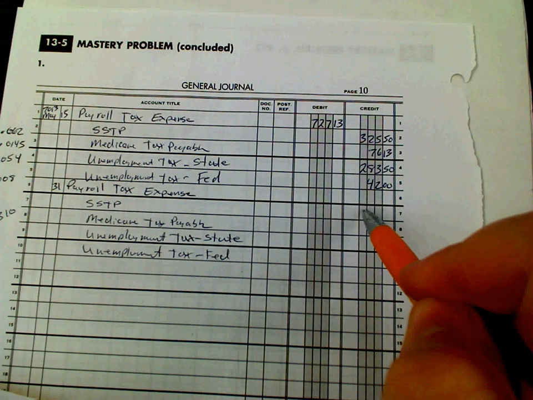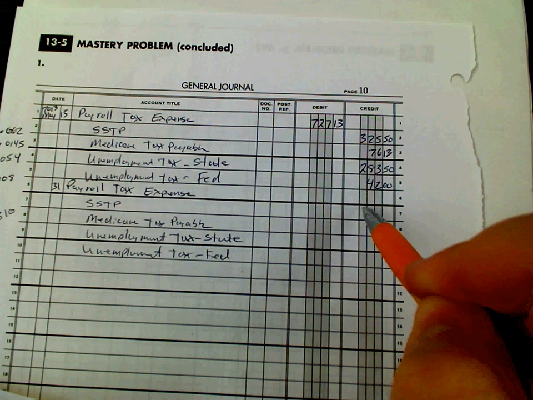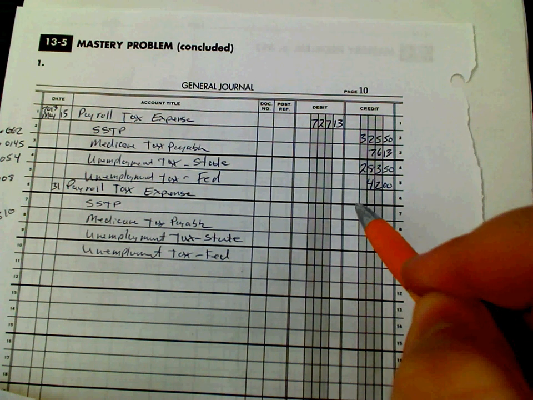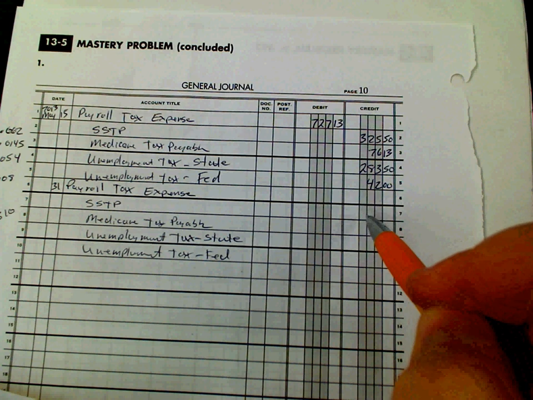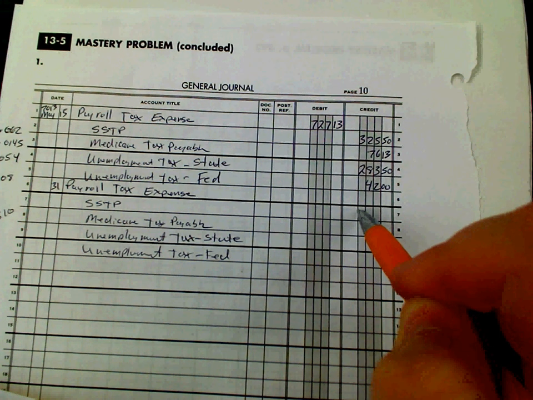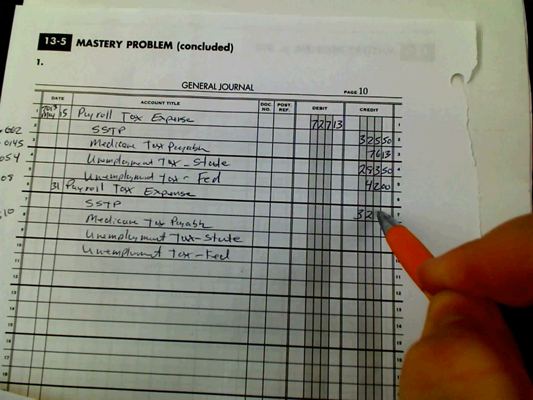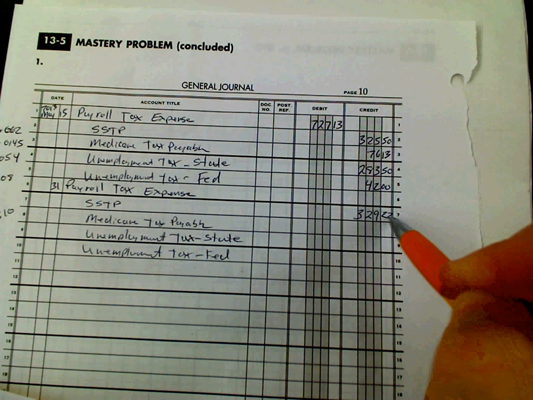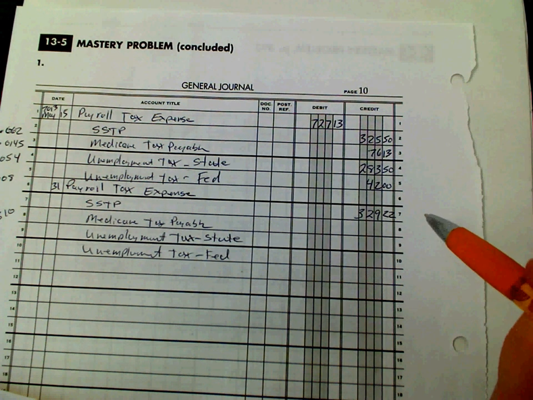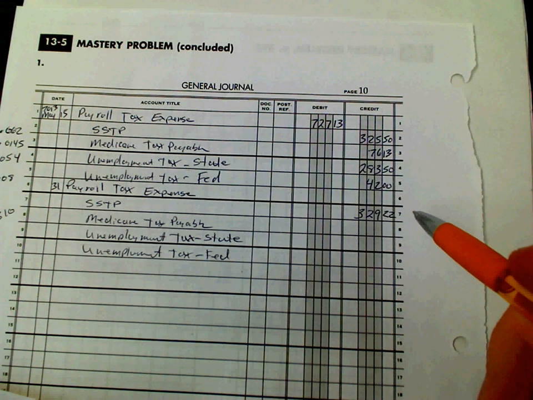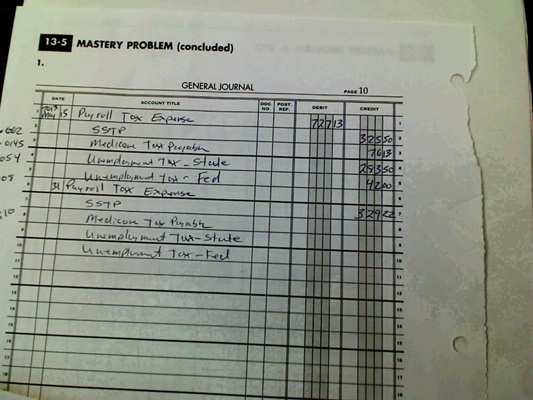What was Social Security? $329.22, right? Is that right? Medicare was what? $77.